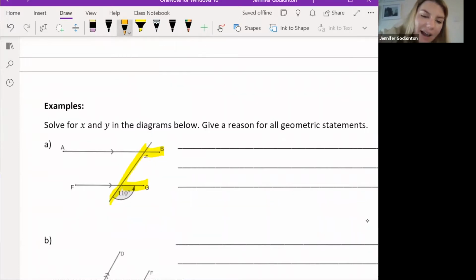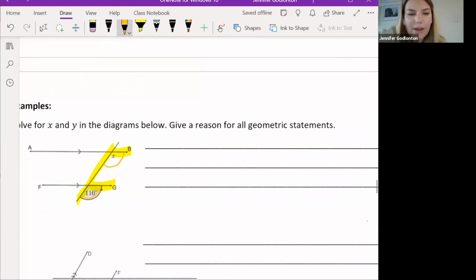And in that, I've got this angle down here, which is 110, and I've got this angle here, which is x, and those two are corresponding to each other. So I can say x is equal to 110 degrees, and my reason is going to be corresponding angles are equal when AB is parallel to FG. And that would be my whole thing. That's all I need to write.